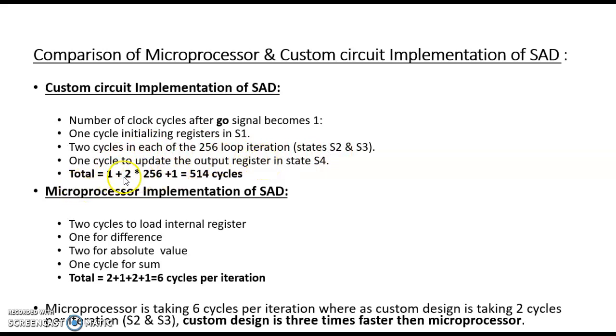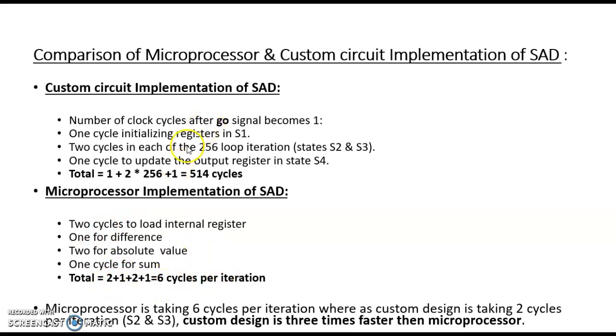So how many total cycles does it need? 1 plus 2 into 256 plus 1, so we need 514 cycles. Now if I consider a microprocessor for the same implementation, it needs 2 cycles to load the internal register, 1 for difference, 2 for absolute value, 1 for sum. So to do one absolute difference and summation, it needs 6 cycles per iteration.